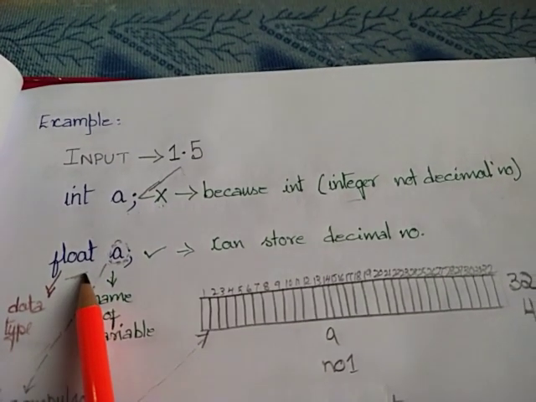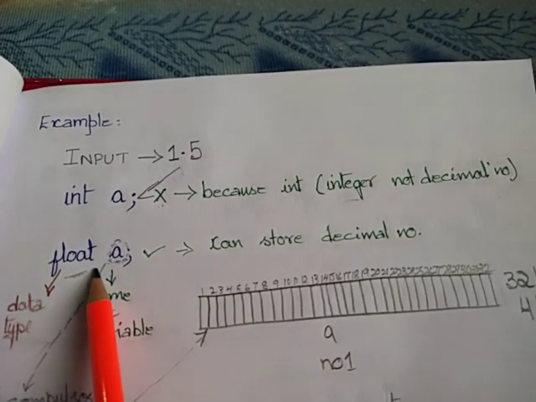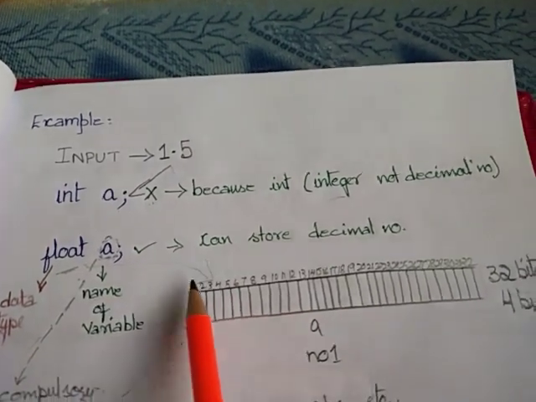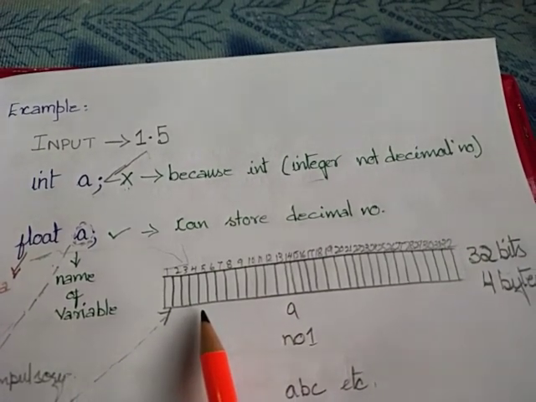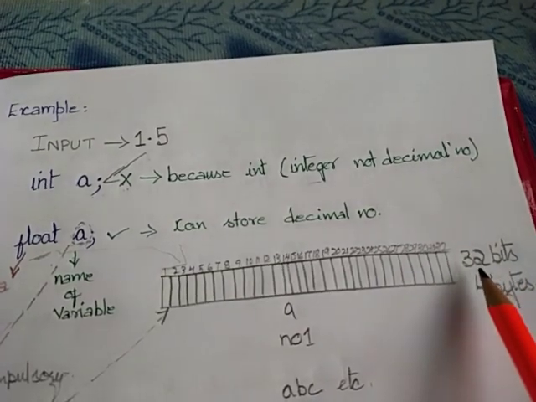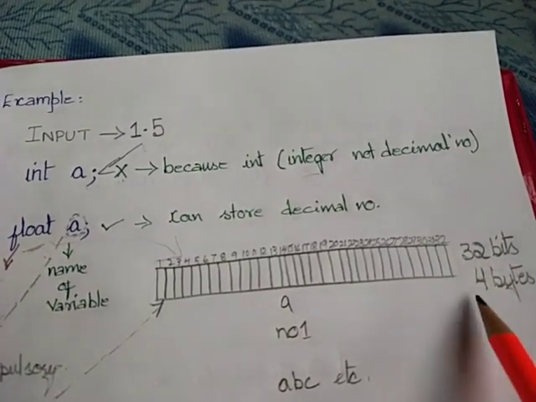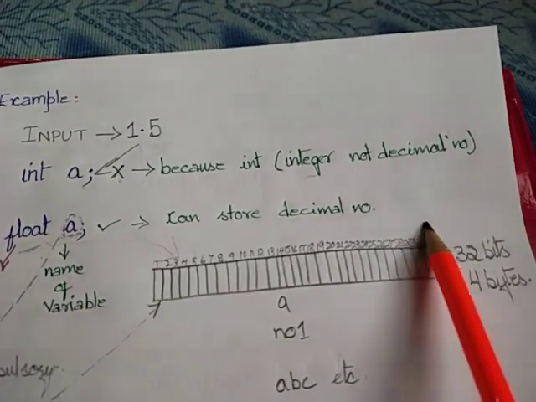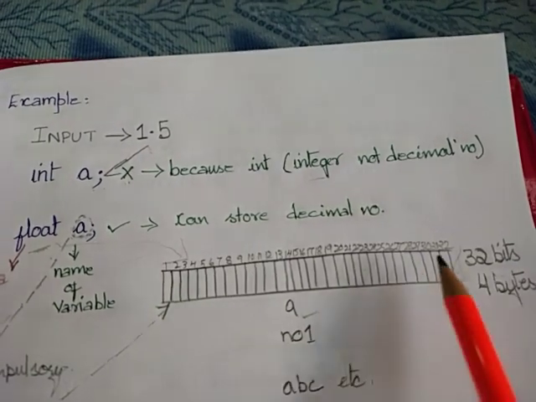So over here float can store the decimal number, and the moment you declare float as a data type, it will no longer reserve 16 bits, but it will reserve 32 bits, or 4 bytes, in memory, and the name of this memory location is known as a.